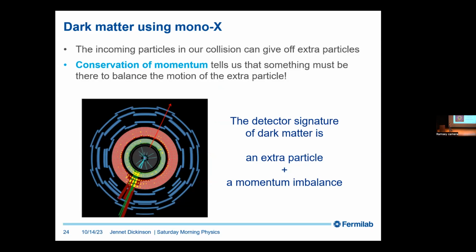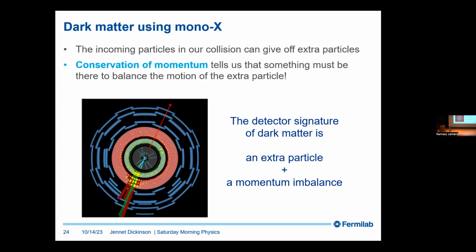Are there other situations in which you have a momentum imbalance? And if so, how do you see that and tell what it might be? So, another example, can anybody think of a particle that I did not mention? Right, neutrinos. Neutrinos are very unlikely to interact, unlike all these other particles that we're talking about.